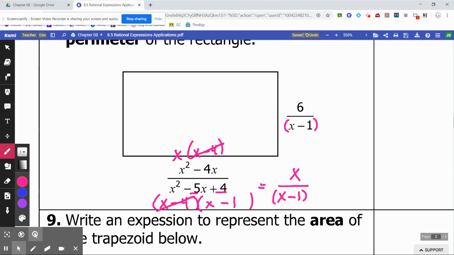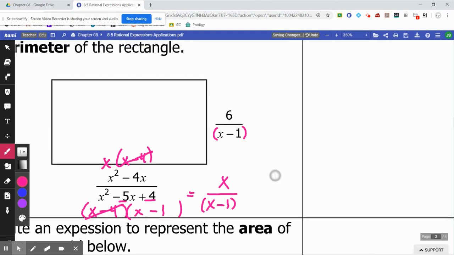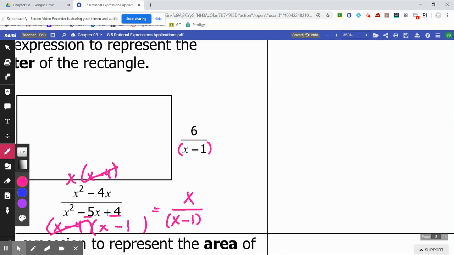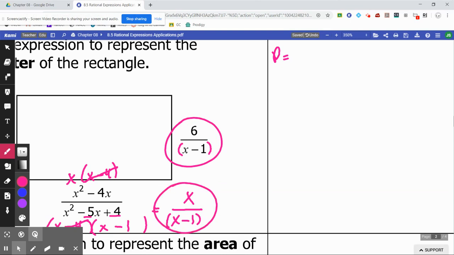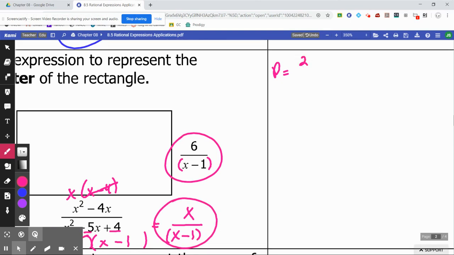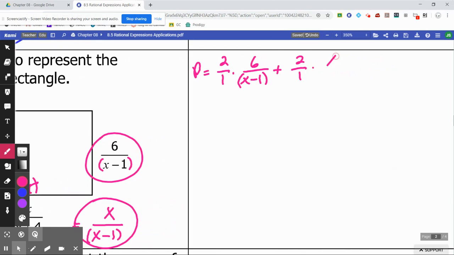And if you notice then, you've already got common denominators for when you've got to add. So my perimeter of this expression is going to be 2 of these plus 2 of these. So we have 2 times 6 over x minus 1 plus 2 times x over x minus 1, which will be a 12 over x minus 1 plus a 2x over x minus 1.